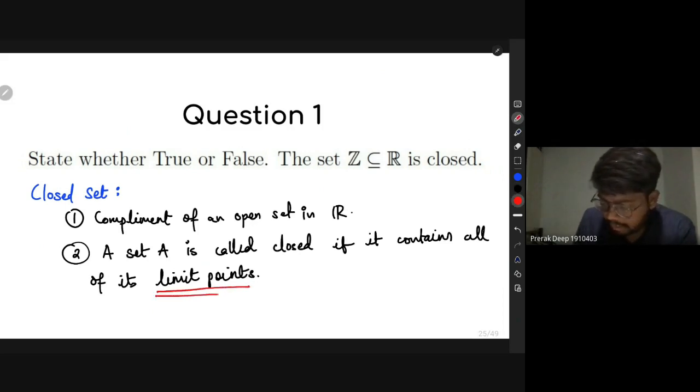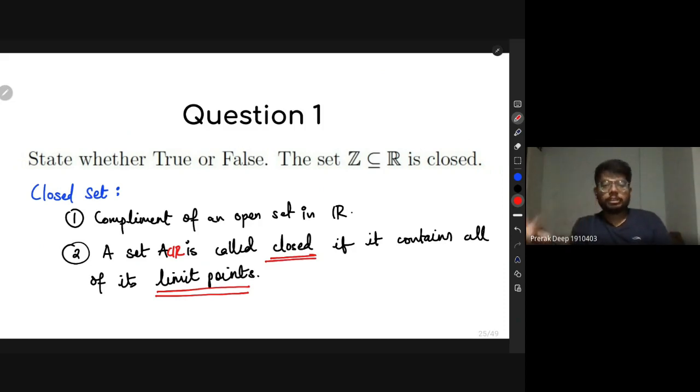Now what do we mean by a limit point? We know a limit point of a sequence. So how do we define a limit point of a set? A subset of R is called closed if it contains all of its limit points.